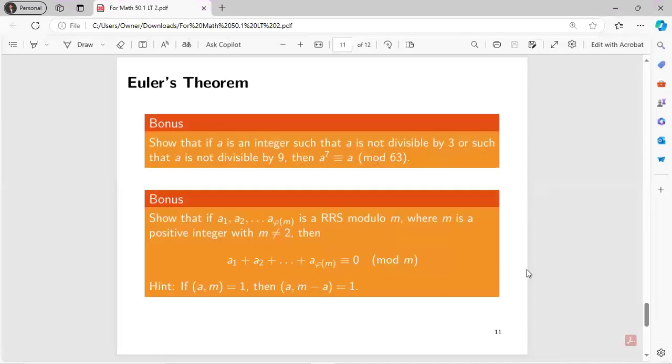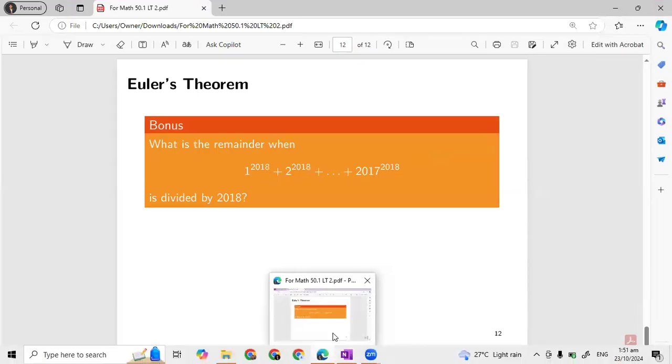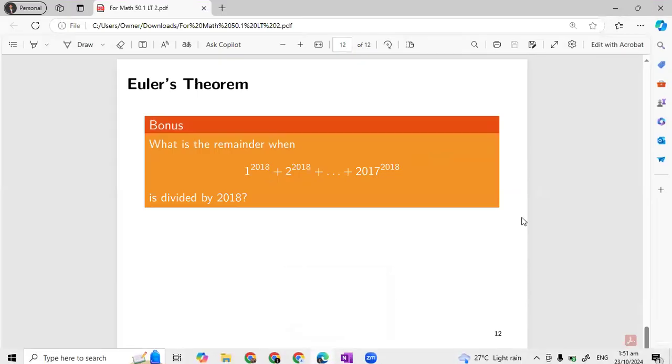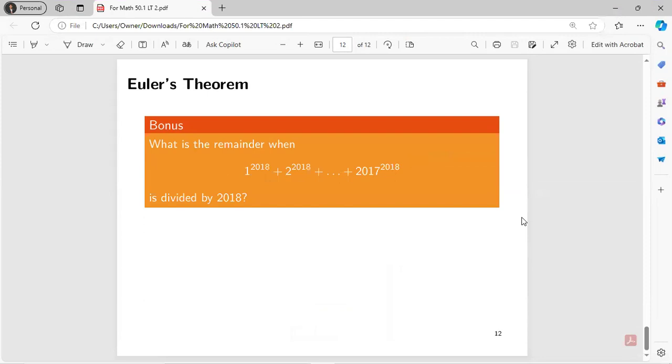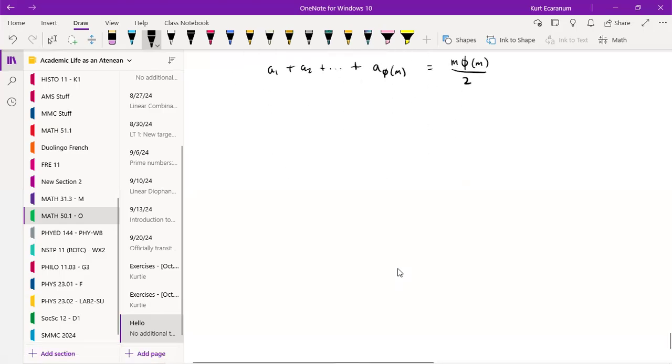And for the last question, I think Euler's theorem will be useful now here. So what is the remainder when 1 to the 2018 plus 2 to the 2018 up to 2017 to the 2018 is divided by 2018? This is kind of straightforward. So bonus number 3.